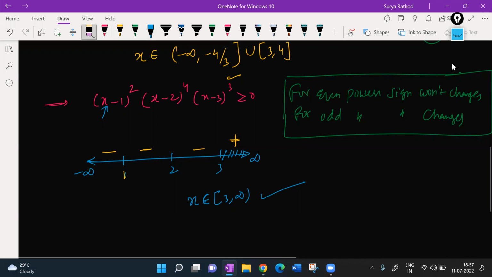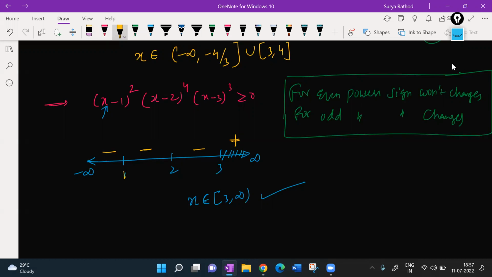Is it clear? Sir, why not 2 and 1? Look at this here. Greater than or equal to 0 we have. I don't want these negative regions. I need only the positive region. Greater than 0 means what? Positive, or not? Sir, it can be 1 comma infinity also, right?